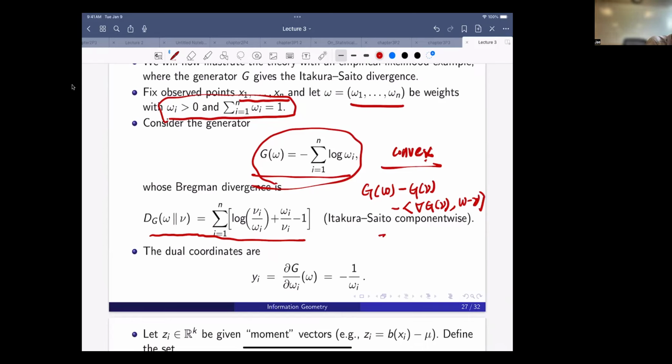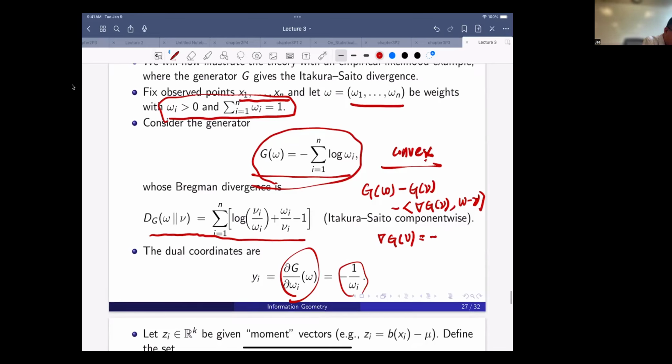Reverse delta nu. Well, what is the differentiation, right? So this guy, this is 1 over omega i.